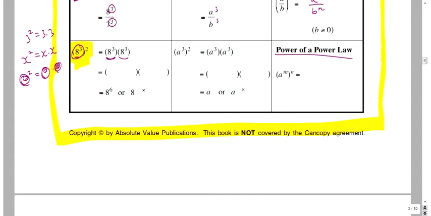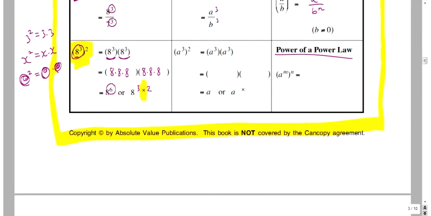But I can also write 8 cubed as 8 times 8 times 8, right? 8 cubed is still 8 times 8 times 8. How many 8s do you have? 6. How do you get to 6 from 3 and 2? We don't add, we multiply, okay?